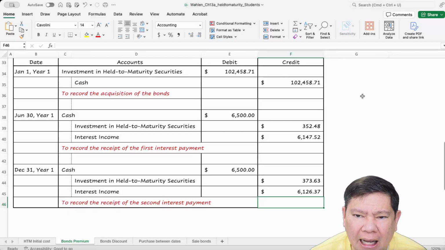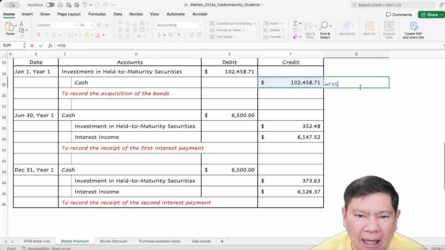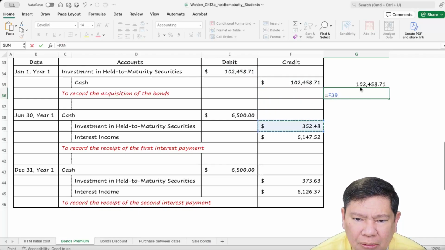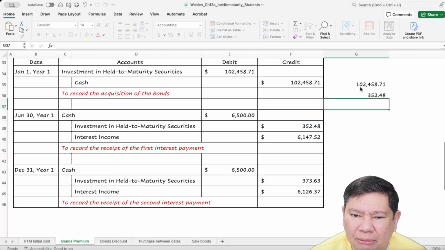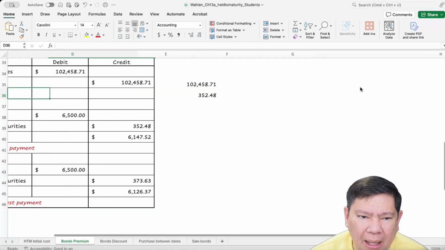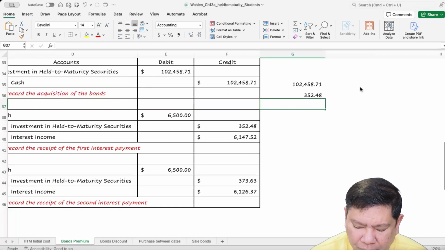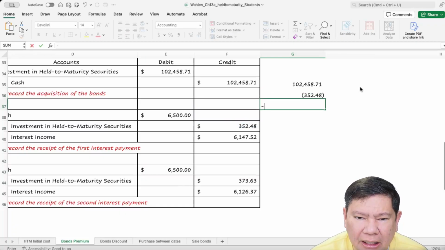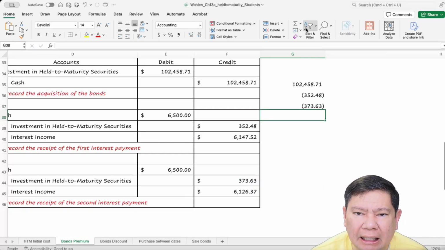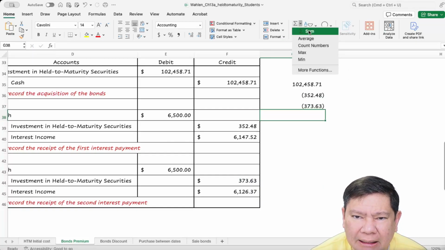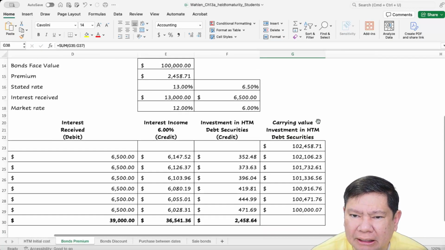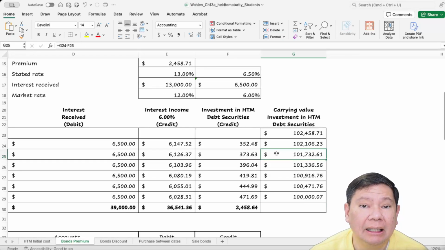And you see that our investment started with 102,458 and then goes down by 352.48 and then goes down again. Let me put a negative number here. Okay, and then goes down again by 373.63. So we can see that it will be reported on the balance sheet at 101,732.61, which is that amount.